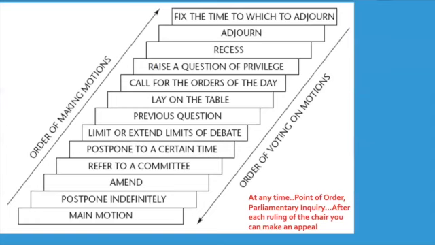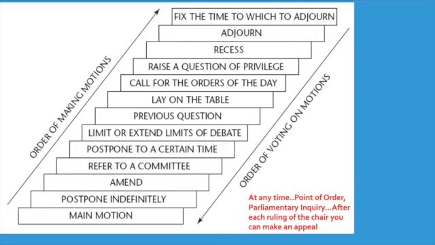Now, we've looked at this staircase before, taking care of our motions, and based on what we have spoken about, at any time during any one of these motions, point of order, parliamentary inquiry can happen. After each ruling of the chair, depending on, you can make an appeal. But remember, an appeal has to happen immediately.